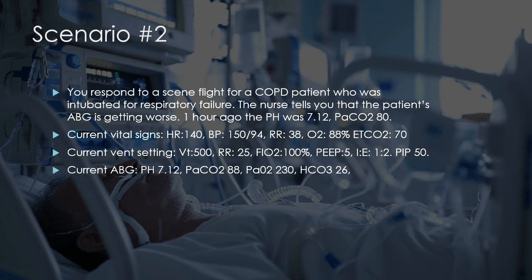So the current ABG, the one we've asked for at bedside, has a CO2 of 88, so it's gone up 8 points, a PaO2 of 230, so we're getting a lot of oxygen in, and we have a bicarb of 26. That is just painting a respiratory acidosis picture.